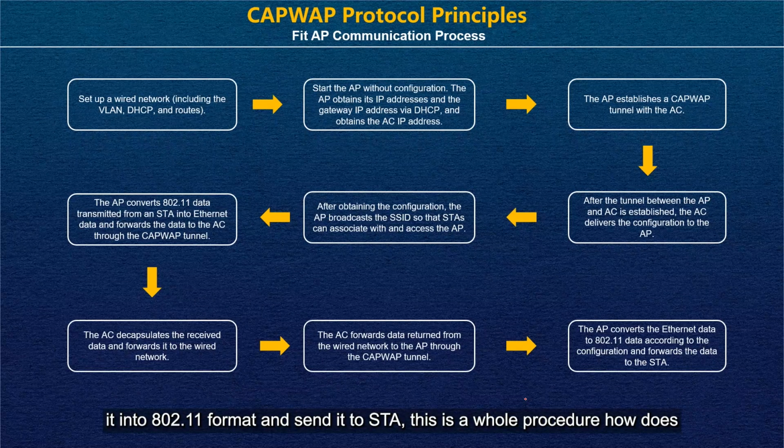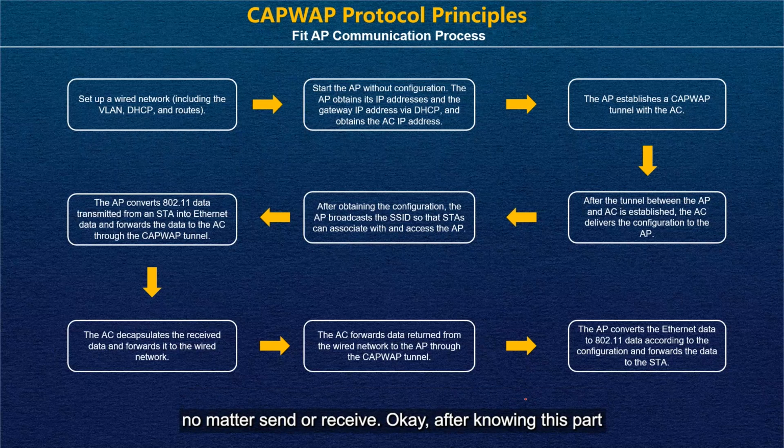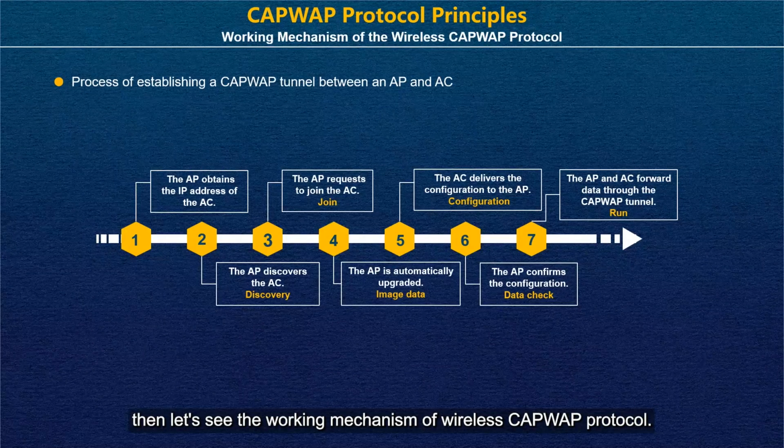This is the whole procedure: how we establish a CAPWAP tunnel, and how the network transmits data, no matter send or receive. Okay, after knowing these parts, let's see the working mechanism of the CAPWAP protocol.